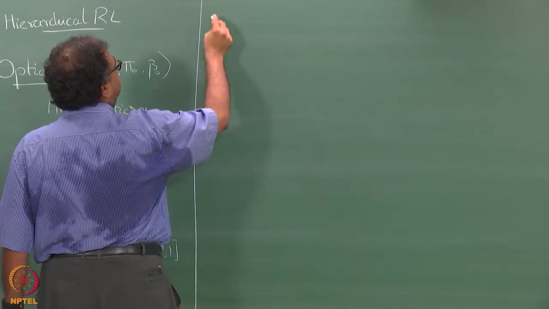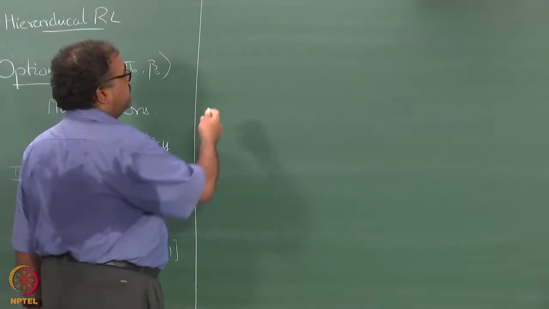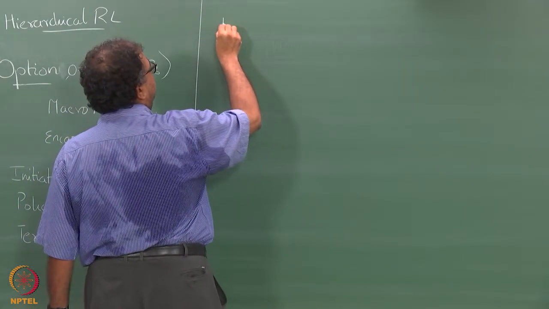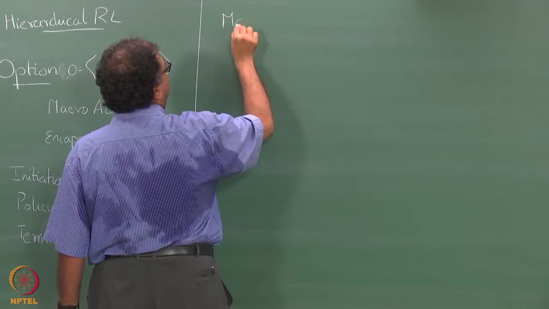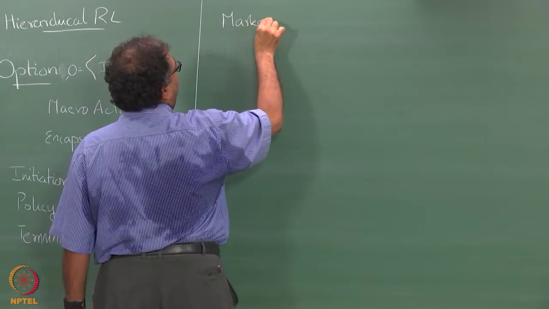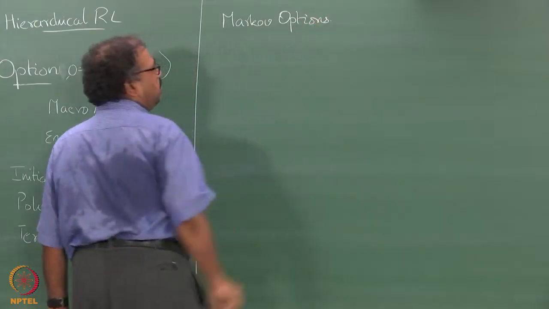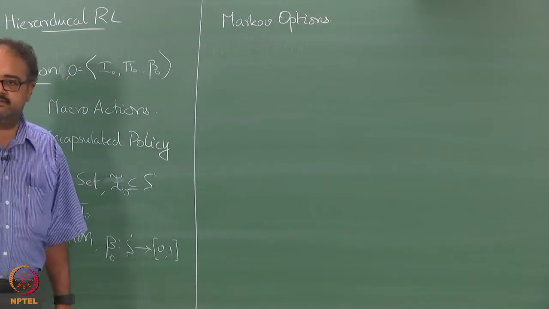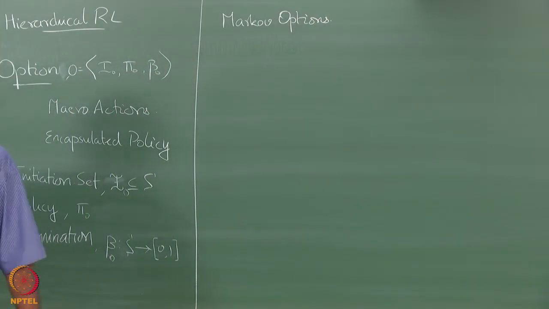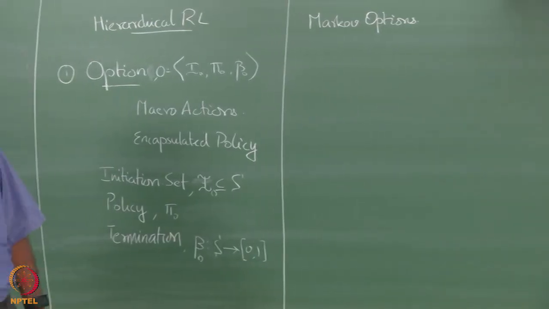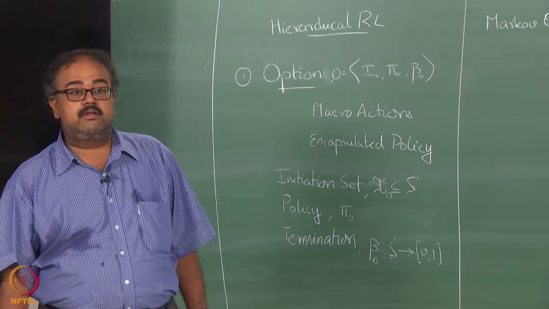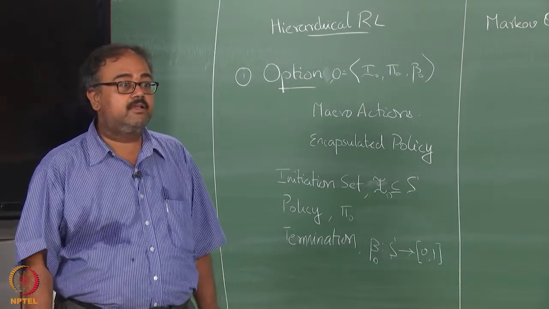Right. So there are two kinds of options: Markov options, which are easy enough to define. So what are Markov options? Yeah, exactly.